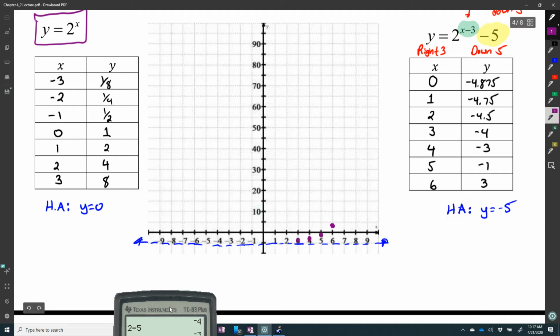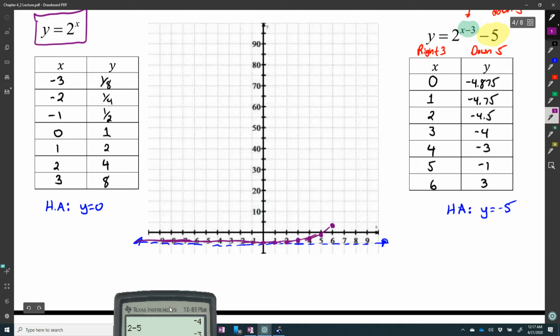And then from there, you can't really tell. It's pretty much right on the axis from there on out. So looking at the graph, you can see that it's going to straddle. It's going to get so close to y equals negative 5, you can't tell the difference, up until about 2. And then it's going to start going up.